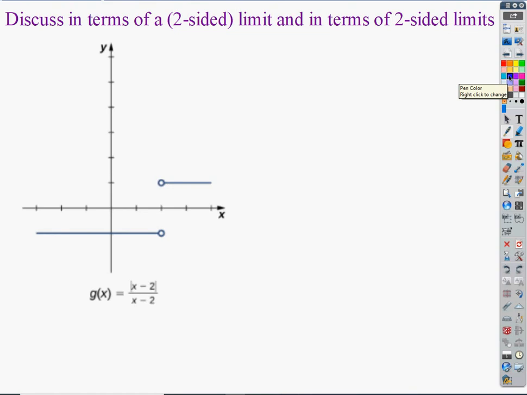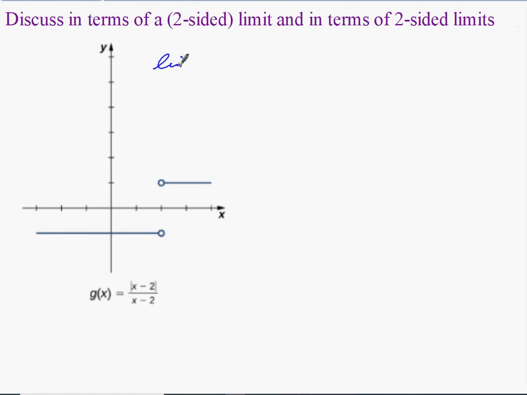What about this one? So you tell me here on this function, what's the limit? And this is g of x, right? That's how this is defined: the absolute value of x minus 2 divided by x minus 2. The limit of g of x as x approaches 2. How do I say from the left? Good, 2 with a superscript of minus.